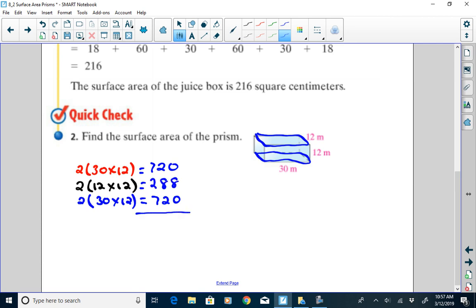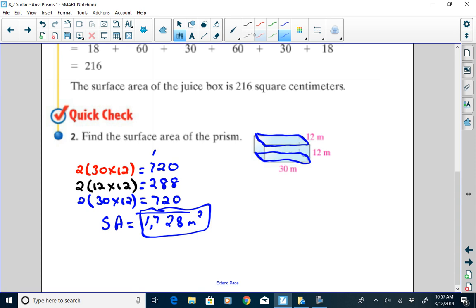I need the sum of those rectangular surfaces. That's going to be 8. That's 10, and 2 is 12. Carry the 1. 7 and 7 is 14. 1 is 15. 17. Our area is always in square meters, so that's 1,728 square meters, right, would be the surface area of that figure.